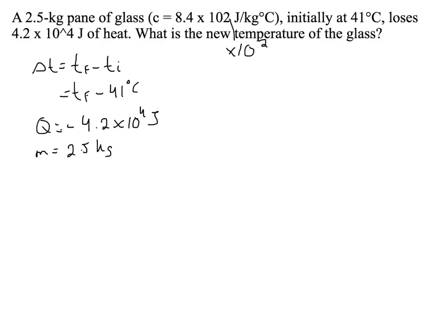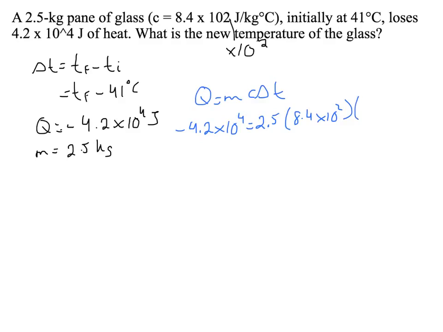So our equation, Q equals mc delta T. Q we know is negative 4.2 times 10 to the 4, equals mass we know is 2.5. C we are told is 8.4 times 10 to the 2.